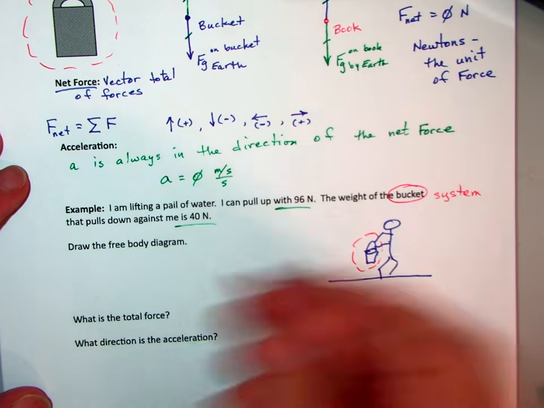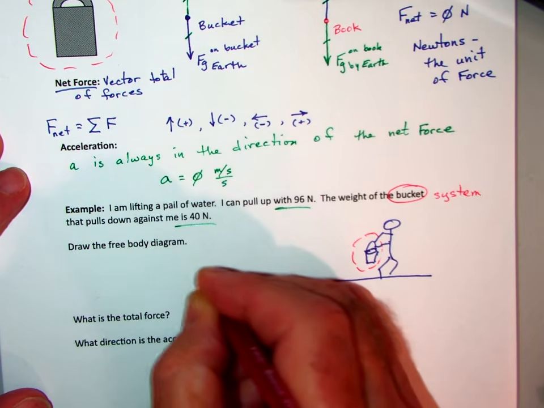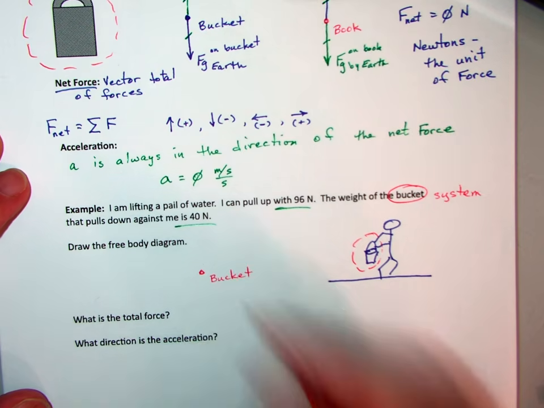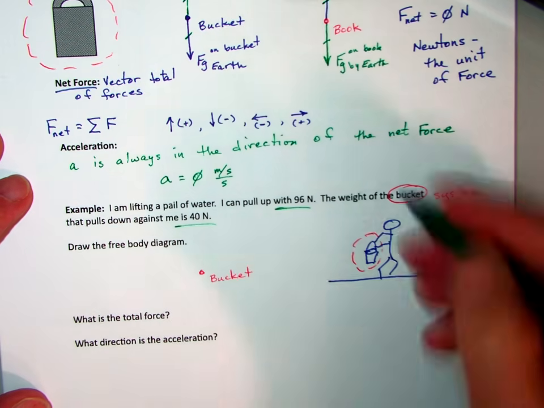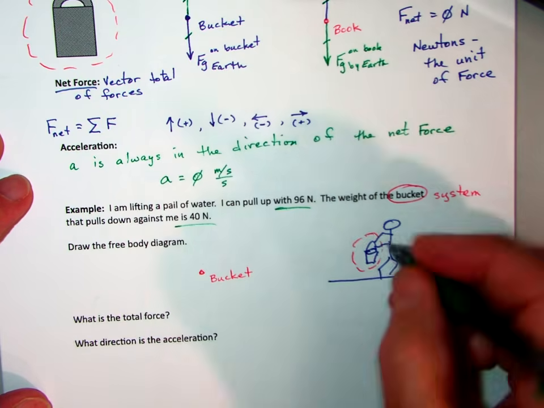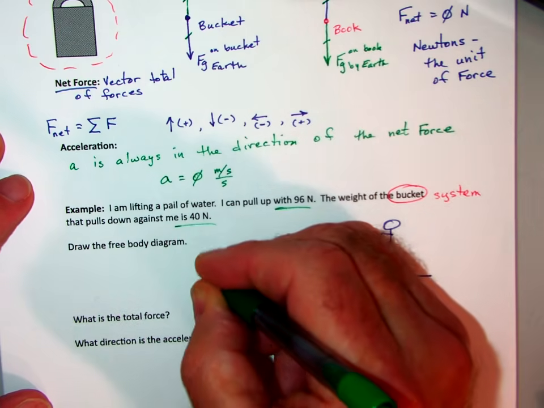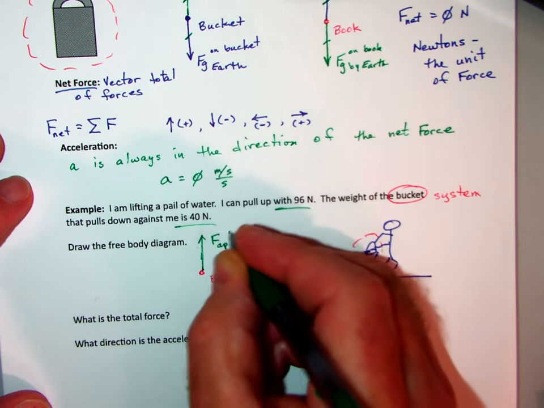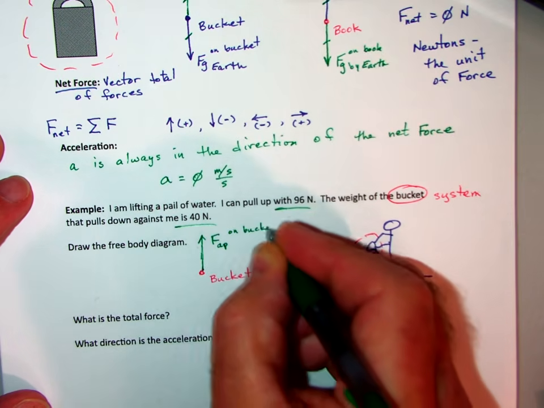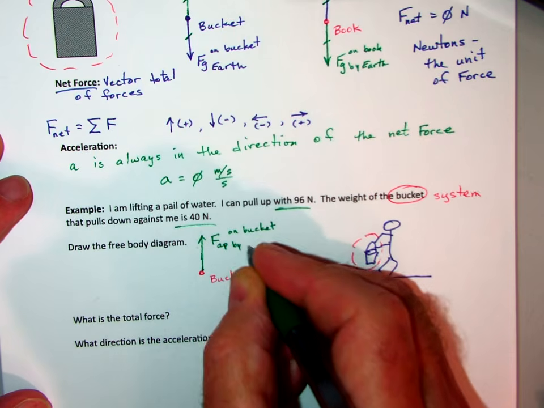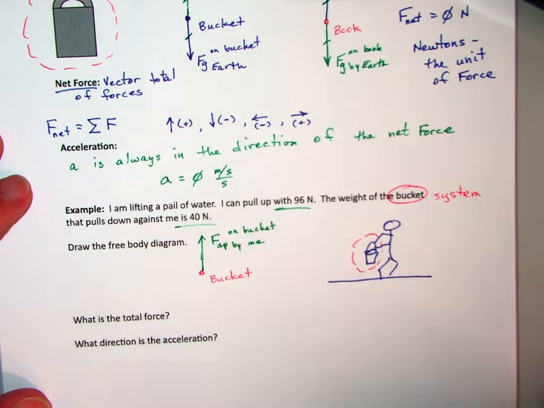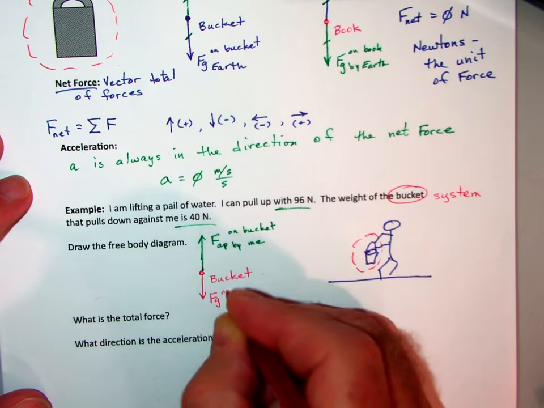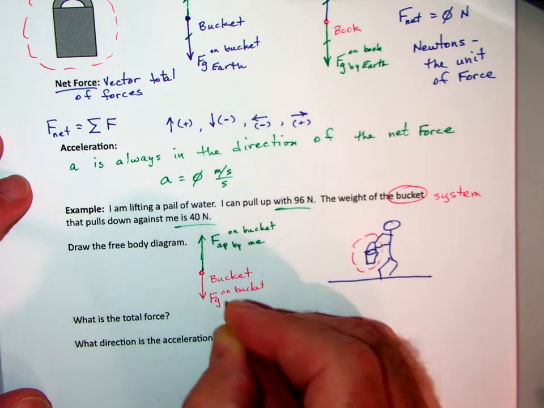So the free body diagram of this is going to be the bucket, or the pail, and the force that is affecting this bucket upward is an applied force on the bucket by me, and the field force downward is the gravitational force on the bucket by Earth.